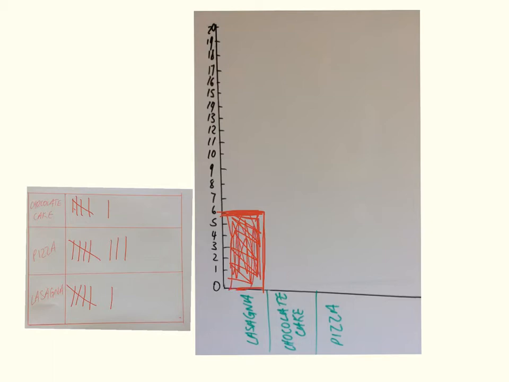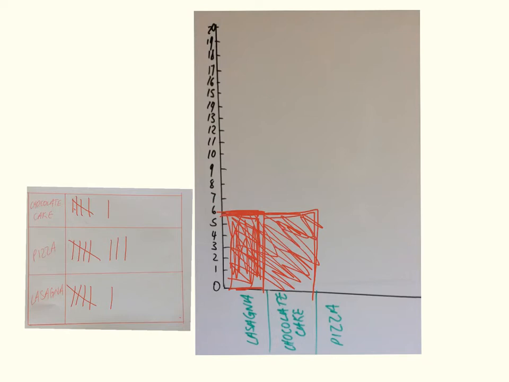Okay? Chocolate cake now. Chocolate cake has the same as lasagna, 6 again. So I'll just continue that line, go across, and go down this other line, and I'll meet up. So we can see now that both chocolate cake and lasagna both had 6 people as their favourite food.